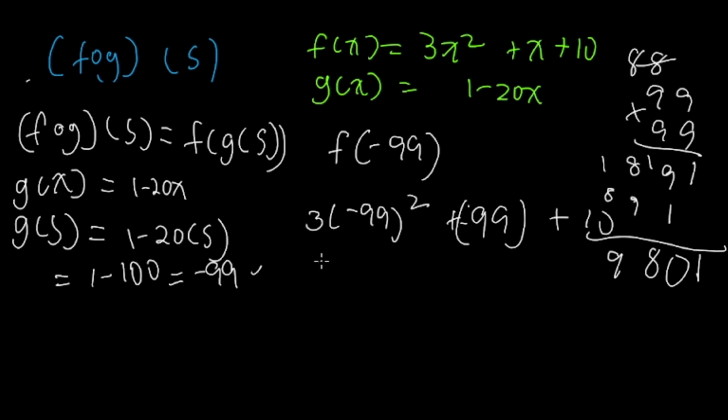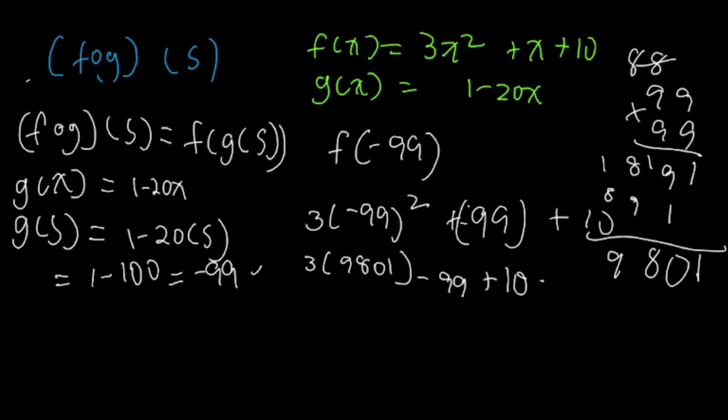Now it's 3 times 9,801, and since it's a negative 99, I can write it as negative 99 plus 10.